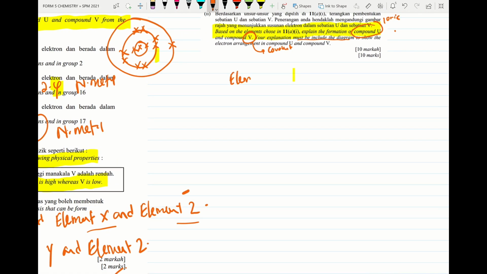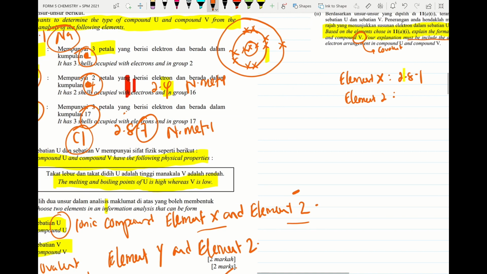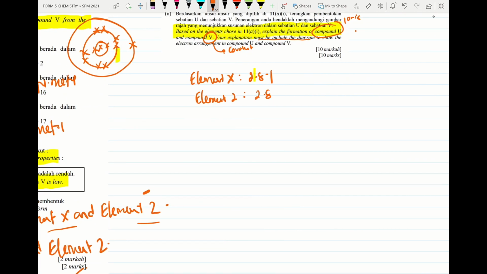Here I put element X is 2.8.1, and element Z is 2.8.7. This one is metal, and this one is non-metal, so they will form an ionic compound. These are the information that we need.